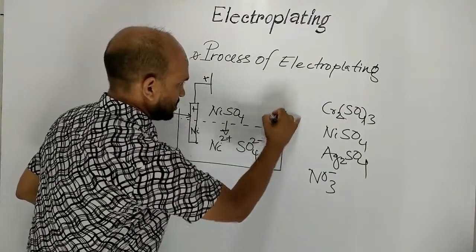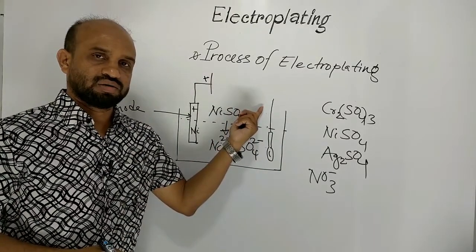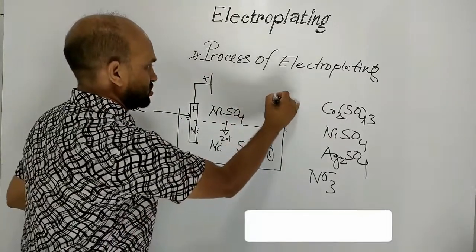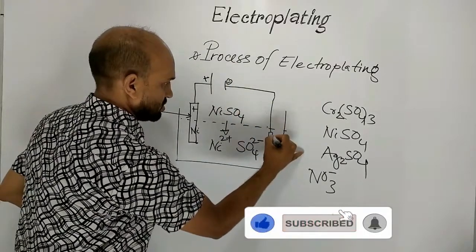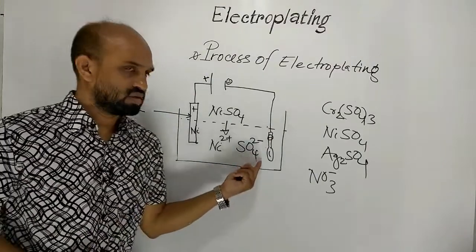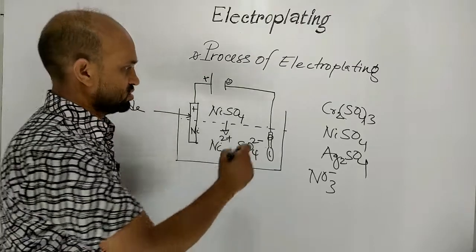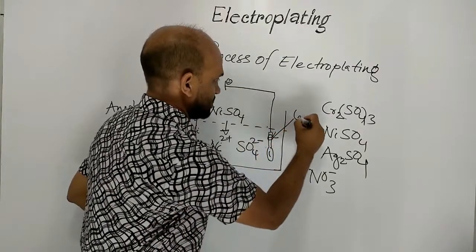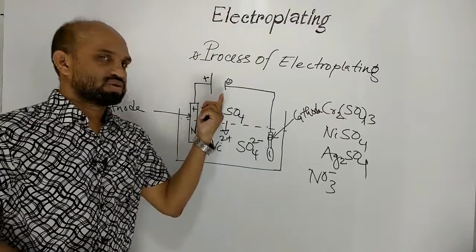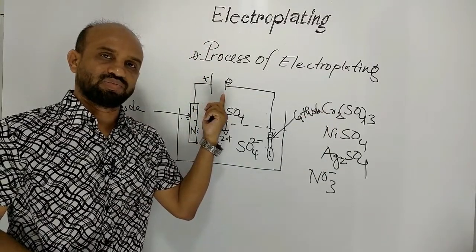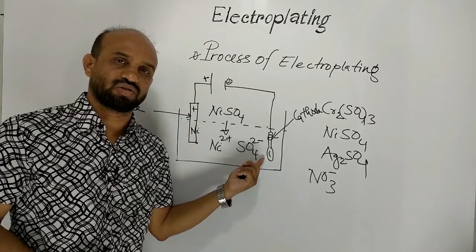and this spoon made of iron is connected to the negative end of the cell. That means the article must be used as cathode. So this is cathode. The short bar indicates the negative end of the cell, and this is connected to the negative end of the cell.